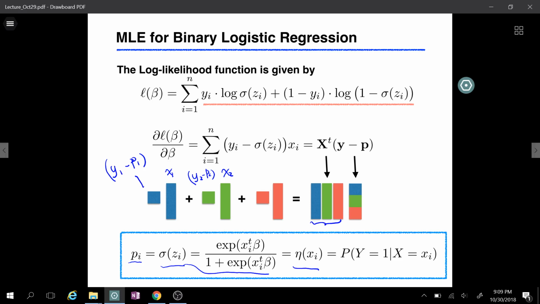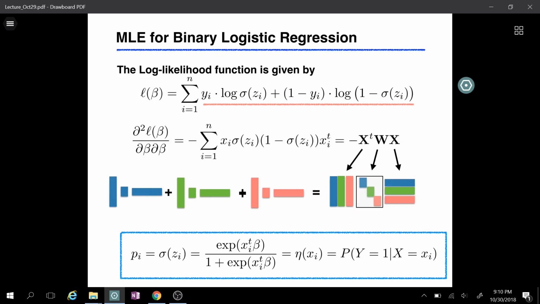So putting things together in matrix form, the first derivative of the log likelihood function is equal to X transpose times y minus p. And now p is basically the probability we estimated using the current beta, for each of the observations at each of the xi's.